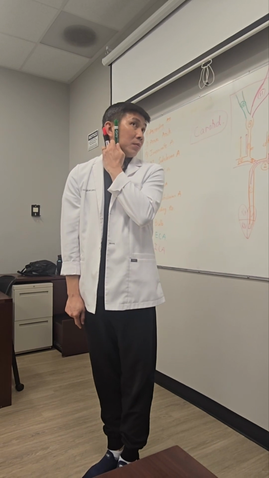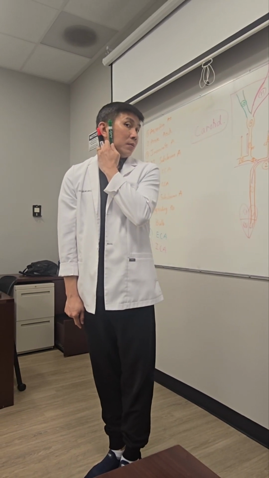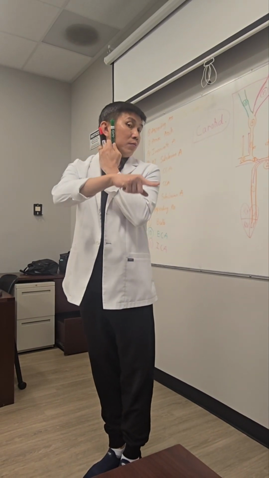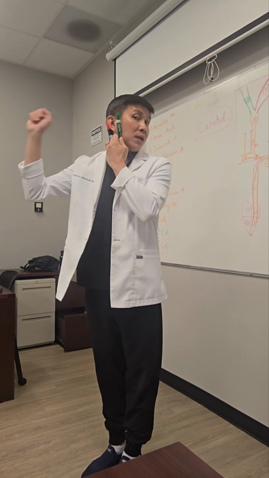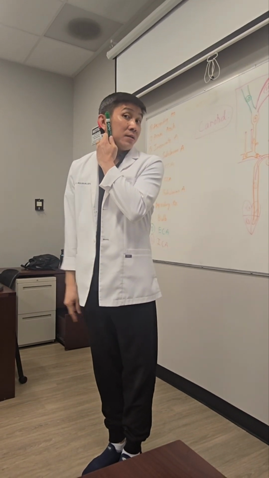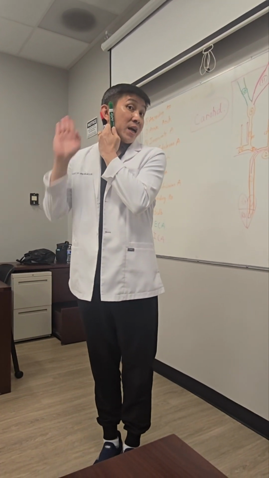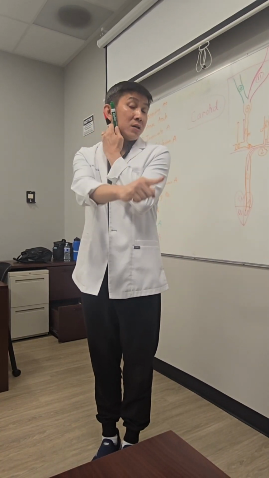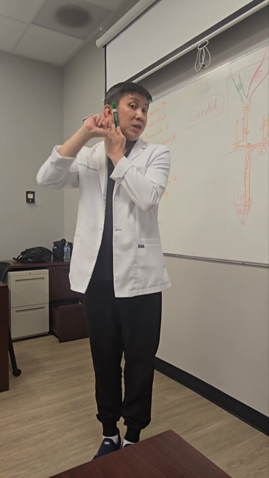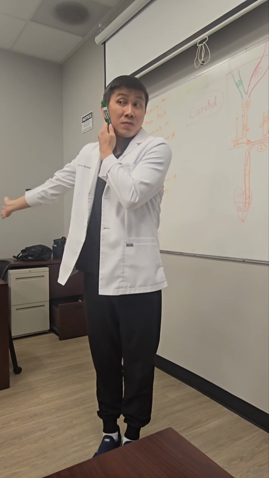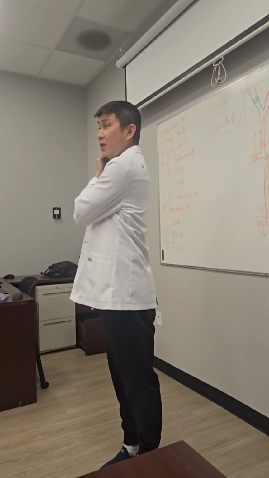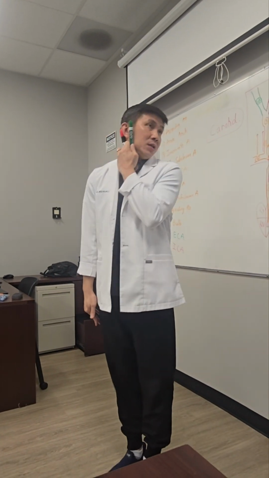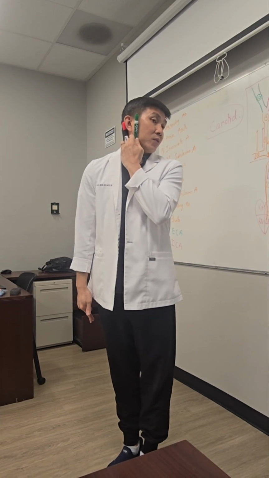How does it become? Medial and lateral. You see it? In this plane, the ECA becomes medial and the ICA becomes lateral. From anterior and posterior, it becomes medial and lateral.